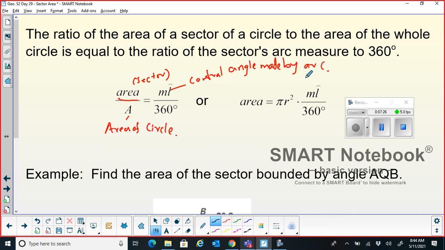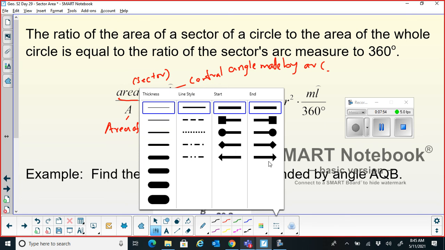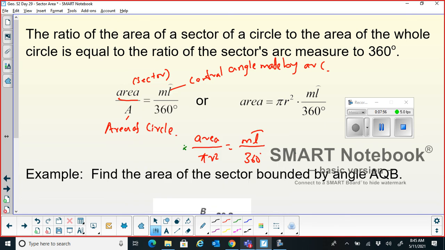Further, if I substitute here, let me keep this area of sector as area itself, and substitute the area of circle as pi r square. Then I'll have this as the measure of the central angle over 360 degrees. If I multiply on both sides by pi r square, I'll get the formula for area of sector.